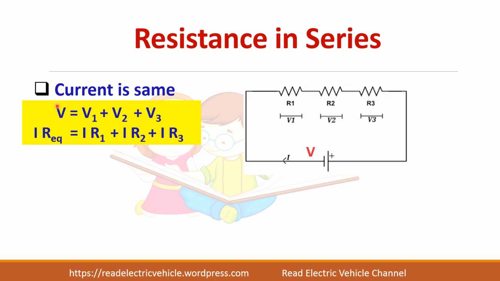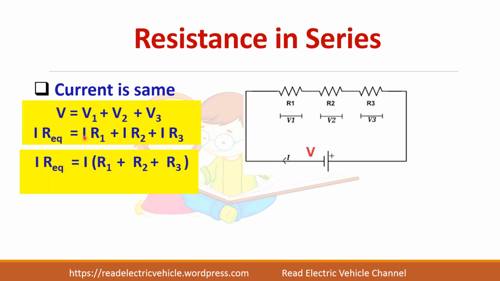According to Ohm's law, V is equal to IR. So I can write I, the total current, into R equivalent. R equivalent means you have three resistances, so what is the equivalent resistance of this one? Instead of V1 I can write I into R1, I into R2 for V2 and I into R3.